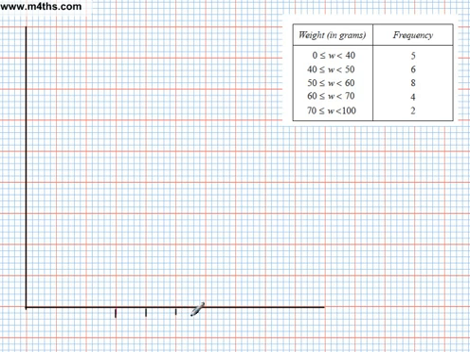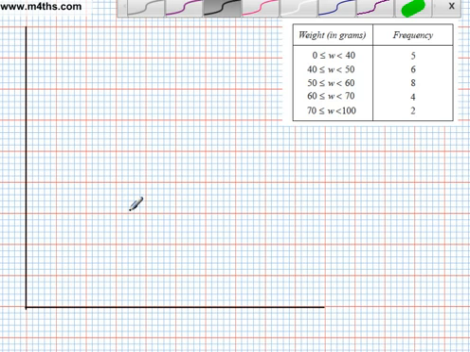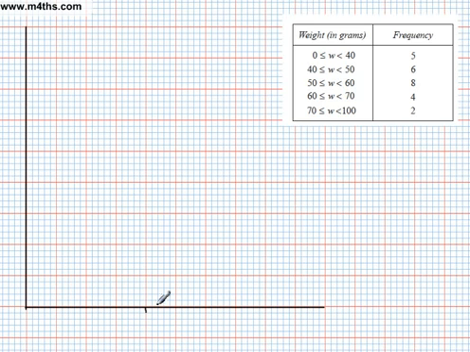This will be 50 to 60, 60 to 70, and then finally 70 to 100. Have I done enough? No, I've done 0 to 30. So 0 to 40 is wanted, not 30. I was wondering why I came up with 9. Okay, and then that's going to be there, and we'll end up with that.